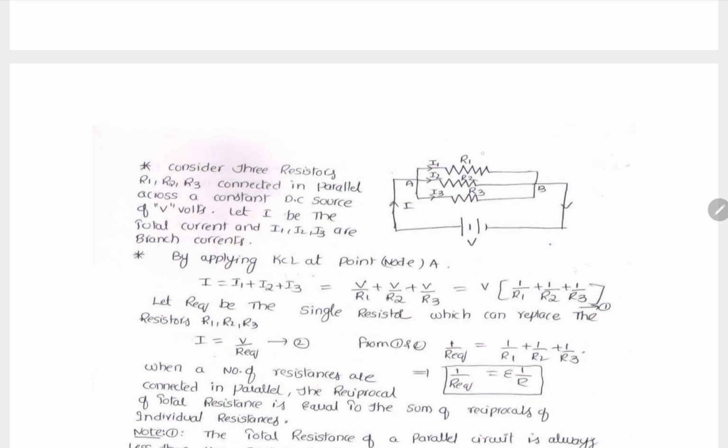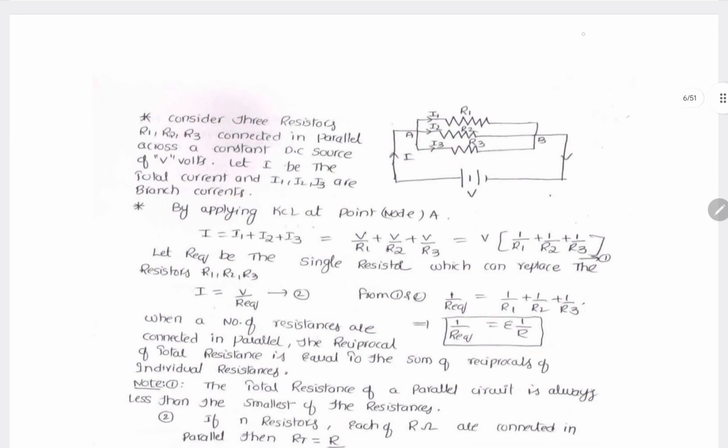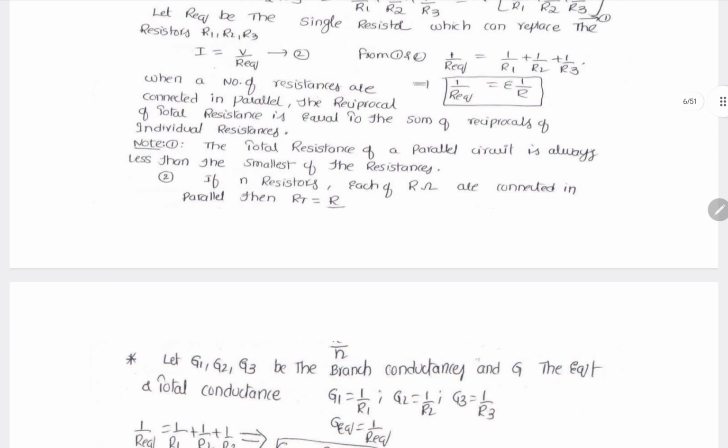So whenever R1, R2 and R3 are connected in parallel, what is the total resistance formula? 1 by R equivalent is equal to 1 by R1 plus 1 by R2 plus 1 by R3. This is the formula of equivalent resistance or total resistance when the resistors are connected in parallel.